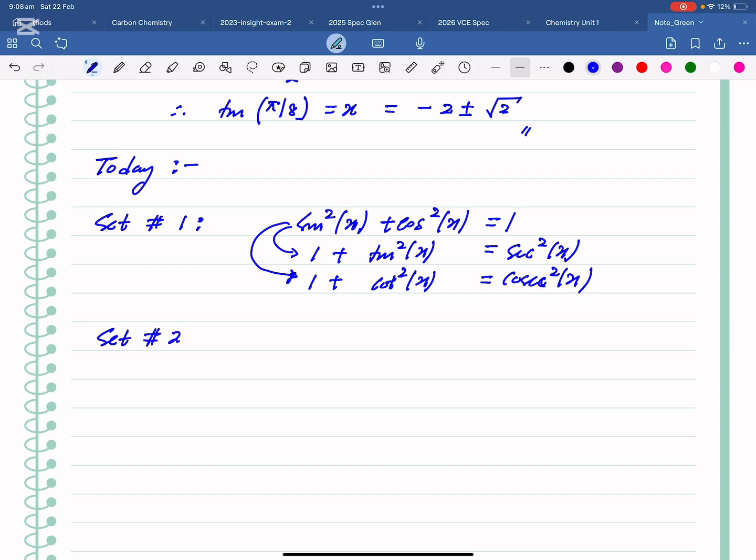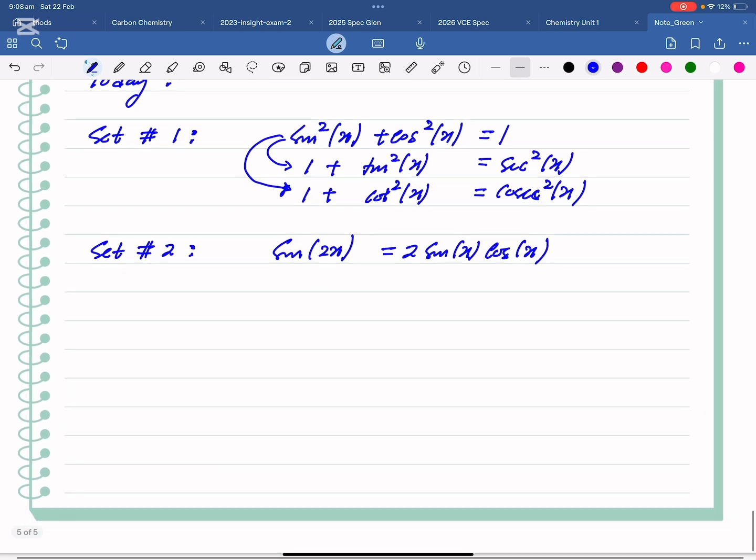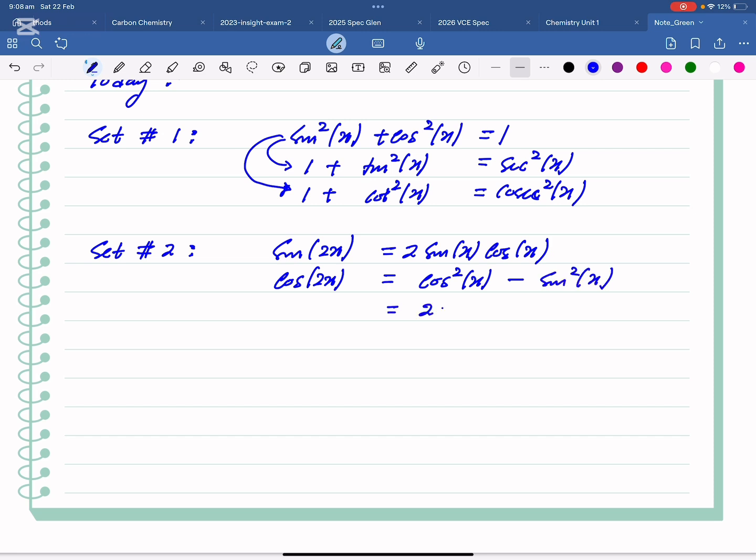Set number 2. Sine 2x is going to be 2 sine x cos x. Then cos 2x is cos squared x minus sine squared x. Then the other one is 2 cos squared x minus 1.